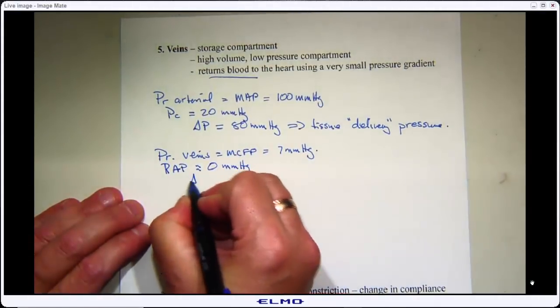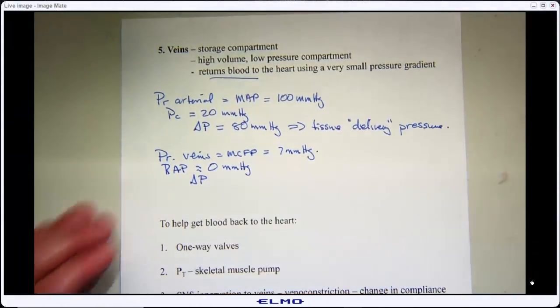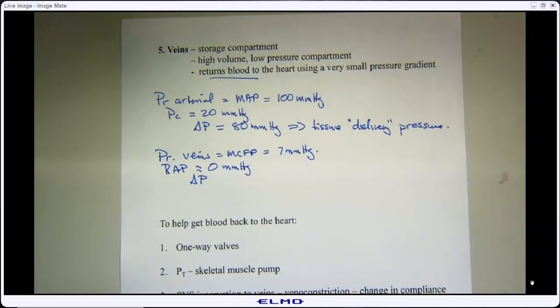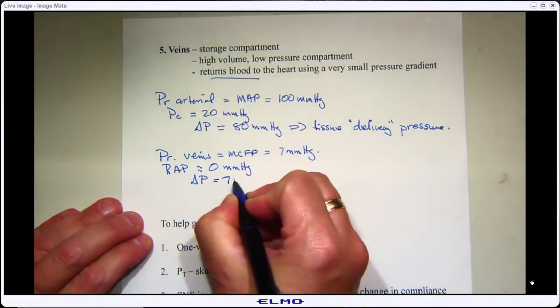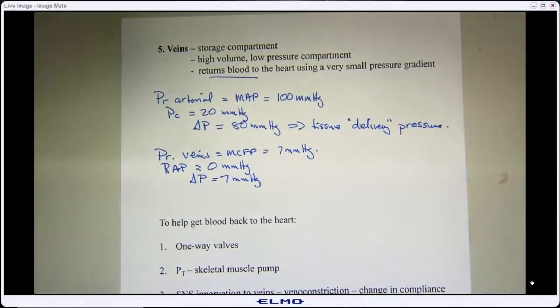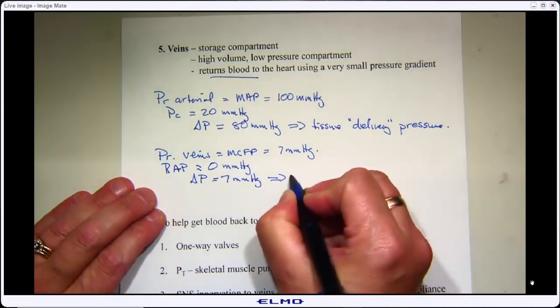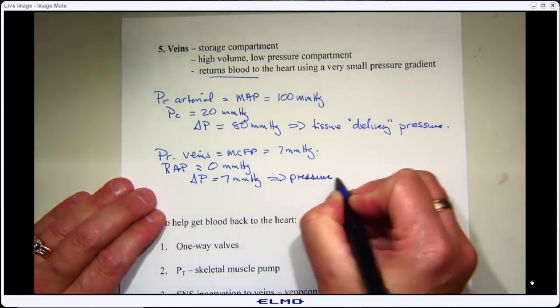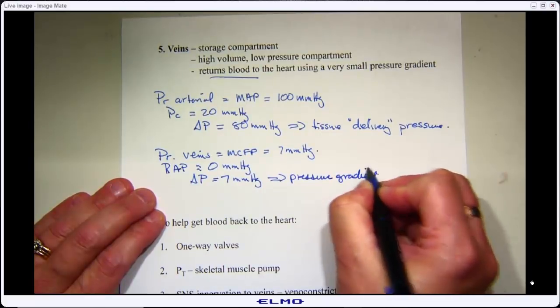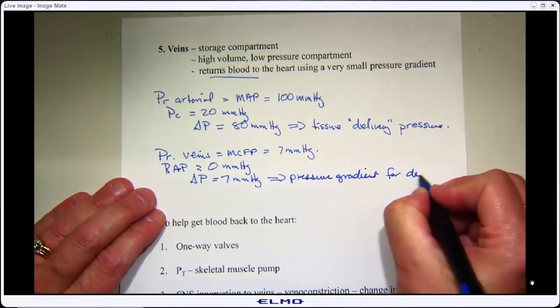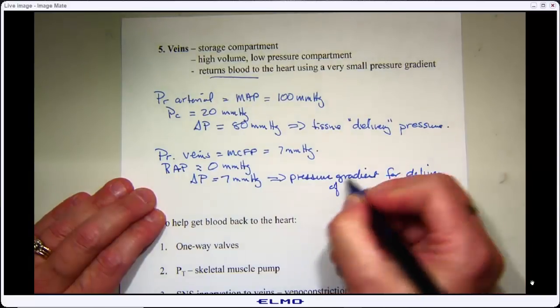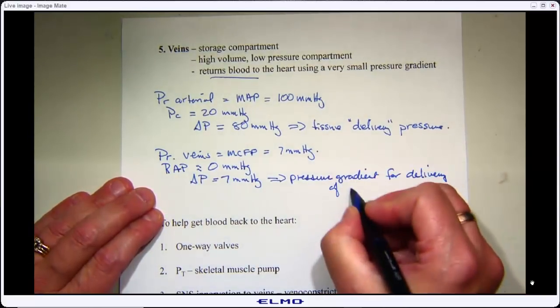So our delta for our pressure, our difference in pressure to get blood from the veins back to the heart, is a 7 millimeter of mercury change. So 80 millimeters of mercury to drive it out there. 7 millimeters of mercury is the pressure gradient for delivery of blood back to the heart.